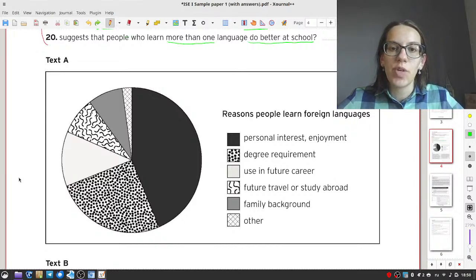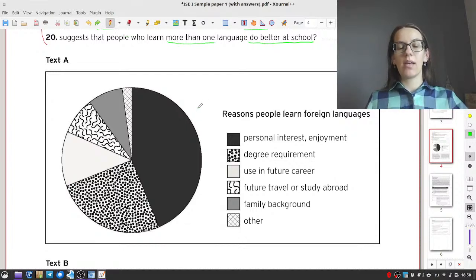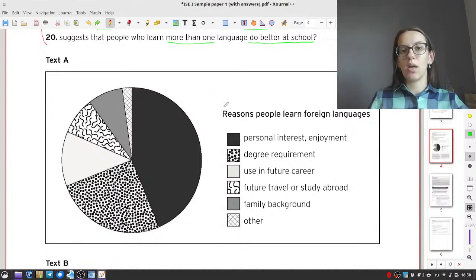Very easy to read, actually, not many words here, but it is important to understand pie charts and other sorts of graphs, tables, anything like that could potentially be a type of text in this exam. Yeah, so reasons people learn foreign languages. First of all, we need to understand what this pie chart is about. What does it show us?